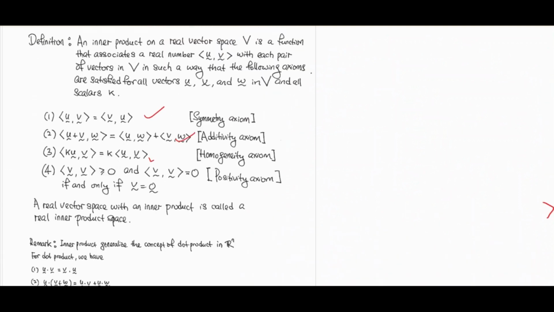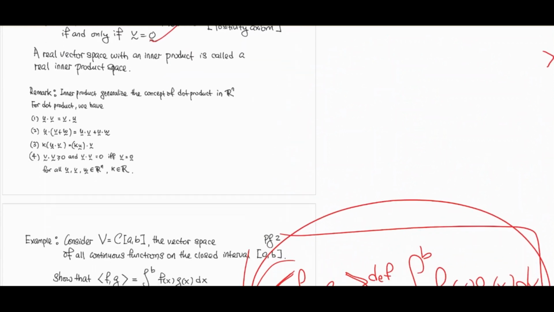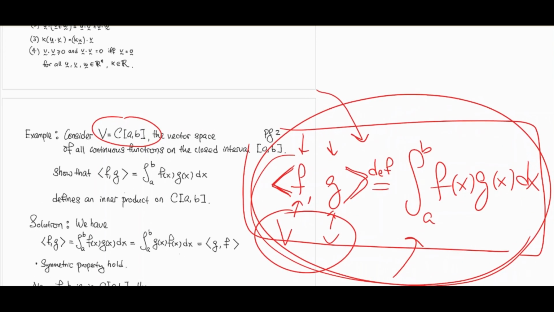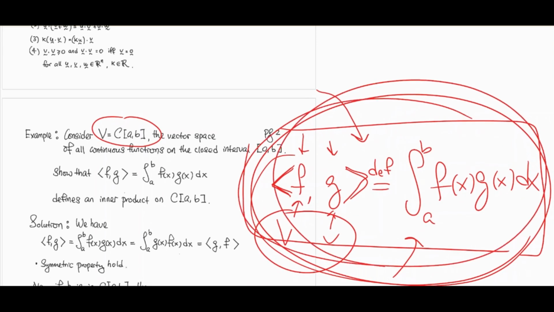If I verify that it satisfies these 4 properties, what does it mean? It means that this is an inner product of 2 vectors from this vector space V. It means that this operation is kind of like a dot product.